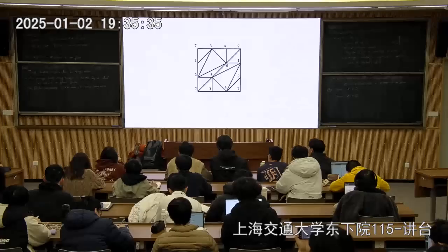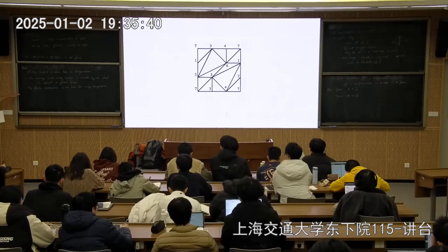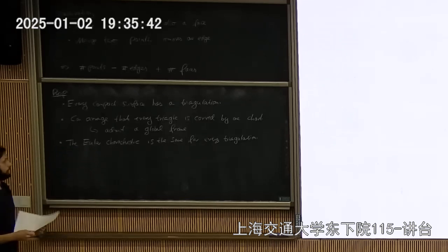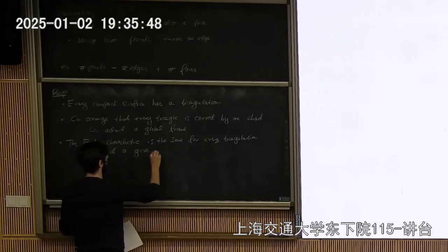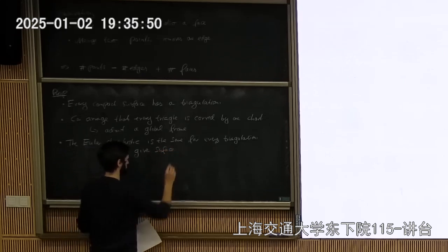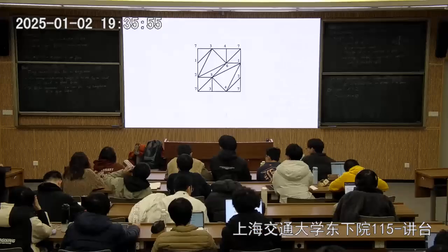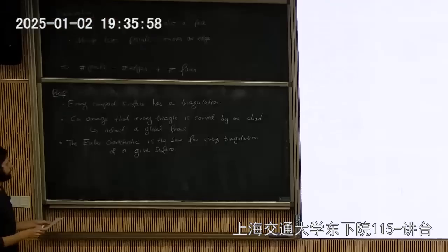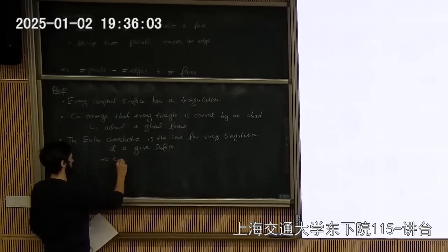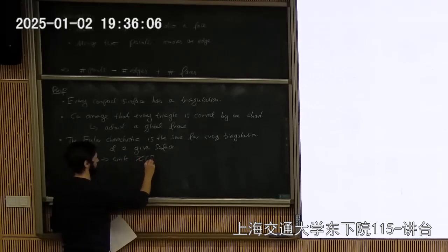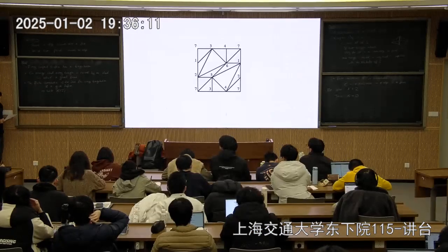So the chi that we defined, which was a priori something that depends on the triangulation, is actually the same. So all of these different triangulations that I showed you before, they all give you the same result for the surface. So we can write chi of S instead of chi of the triangulation. That really depends only on the surface.